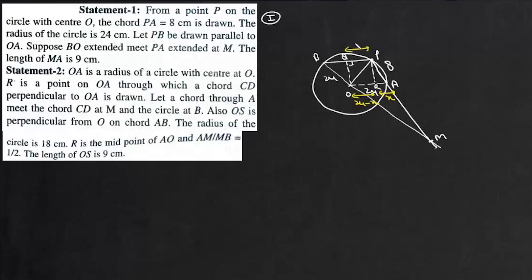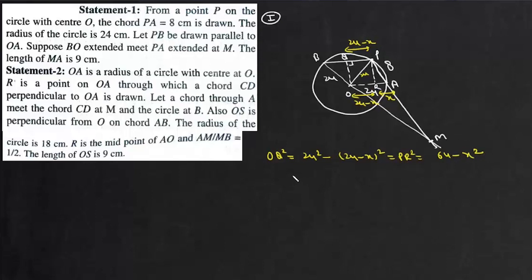So this PQ is 24 minus X, and this is radius, so this is 24. Now in this triangle we can write OQ square as 24 square minus 24 minus X whole square, and this OQ square is equal to PR square, which from this triangle ARP we can write 8 square, 64 minus X square.